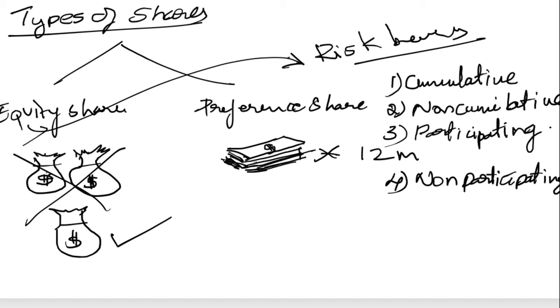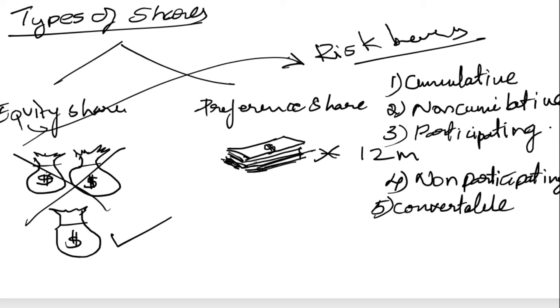Next is convertible preference shares. The holders of these shares have a right to convert them into equity shares within a certain period. So there is a provision: if you take convertible preference shares, within a certain period of time, if our mind changes, we can change them into equity shares.